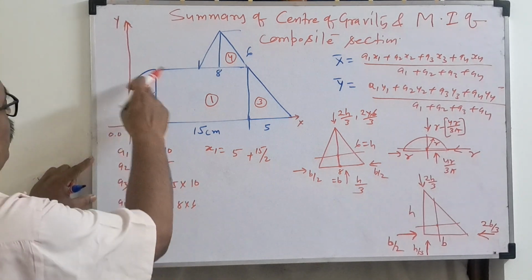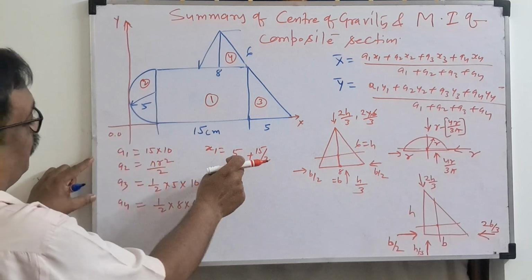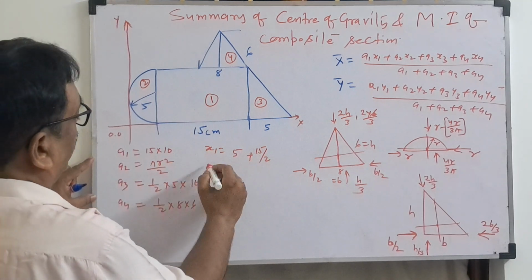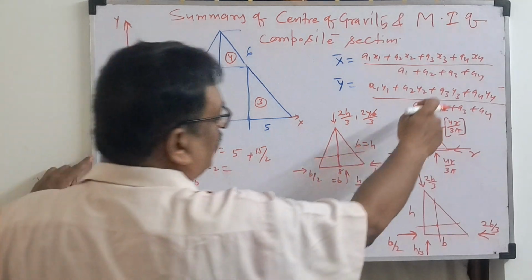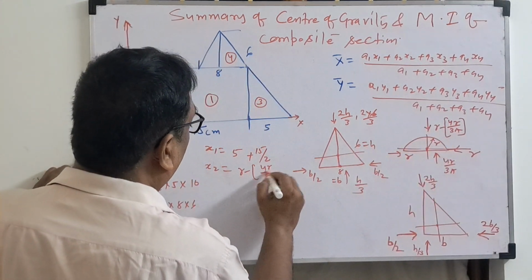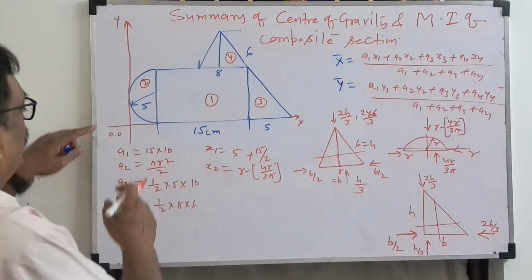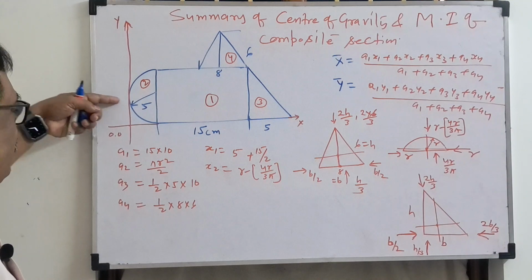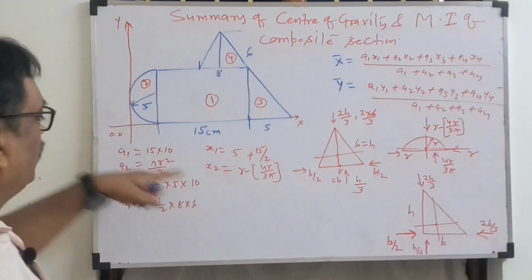But where, from the center of axis of reference? 5 centimeter away. So this one, x2. X2 you are seeing from this way. So r minus 4r by 3 pi. For that only I gave this trick. Suppose you are seeing from the x-axis, what is this side? So top side, what is it? R minus 4r by 3 pi.